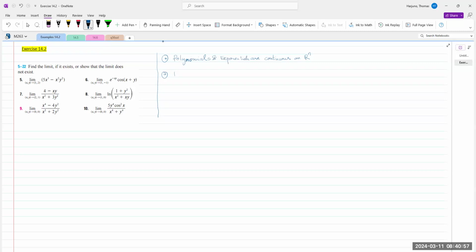Now rational functions and logarithmic functions are continuous on their domains.